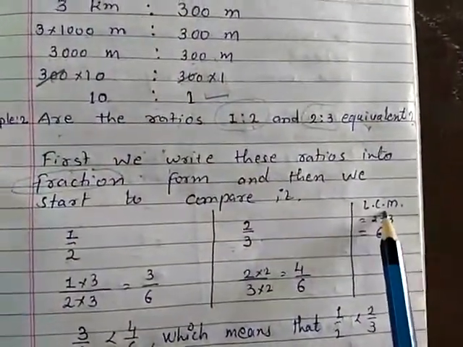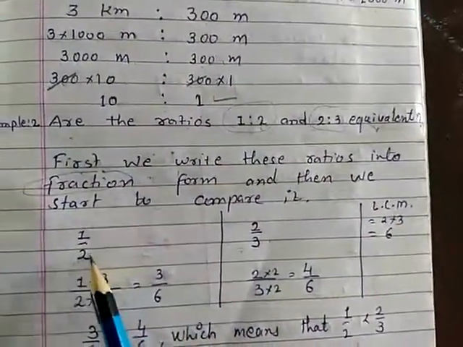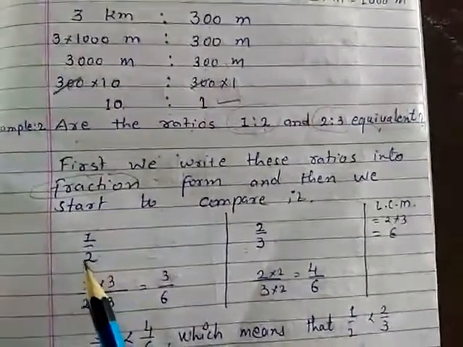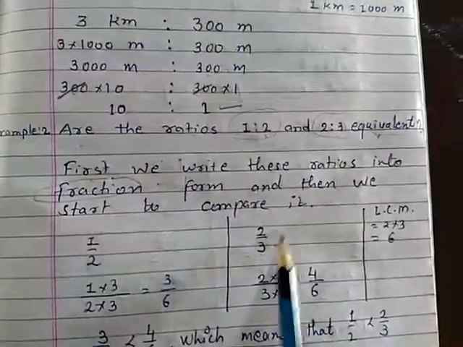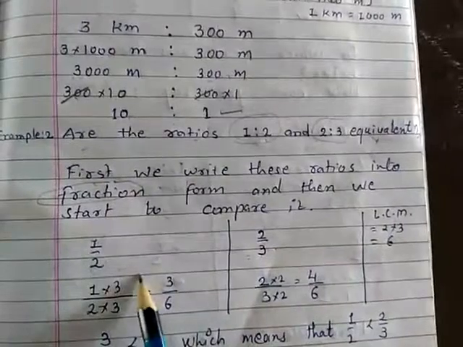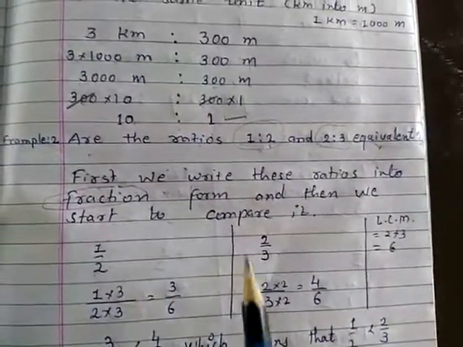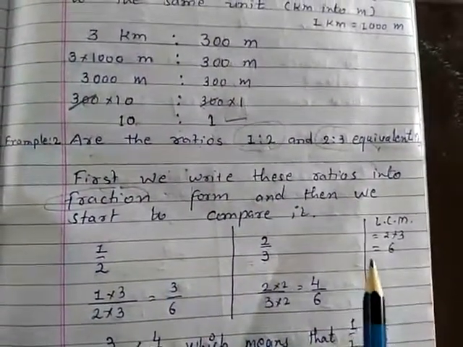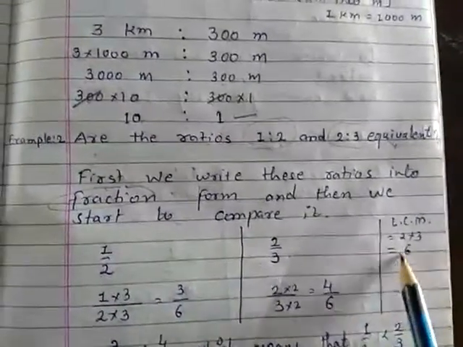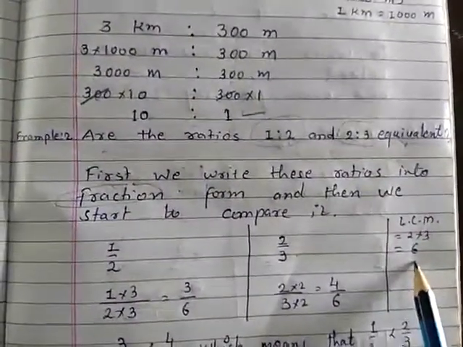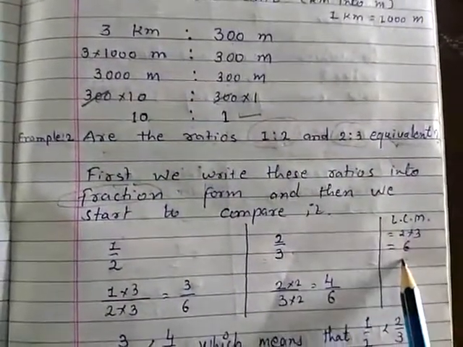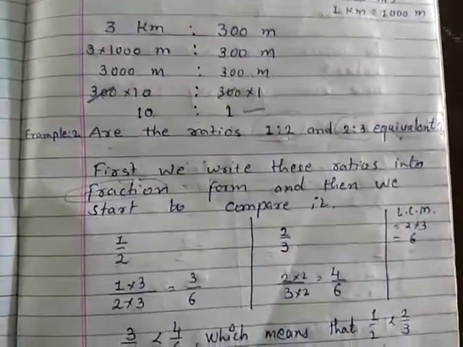So we need to find the LCM. Here we can find it directly. Why? Because in the denominators you can see 2 and 3, and 2 and 3 are prime numbers. Whenever you find the LCM of prime numbers, you just multiply those numbers. So you will get its LCM. Is it correct? So 2 into 3 is equal to what? 6. Right students?